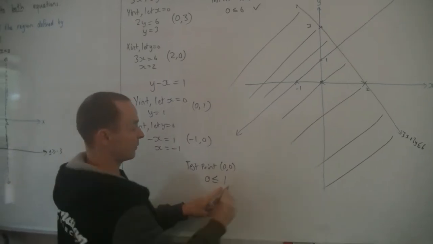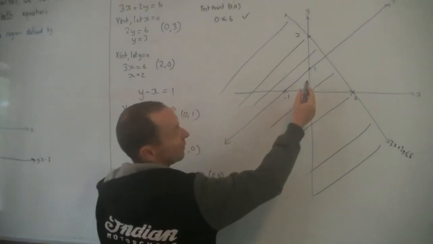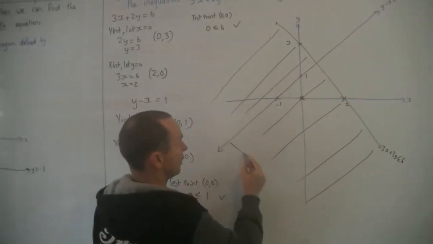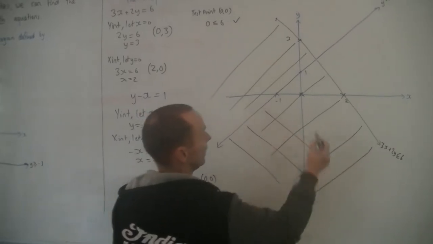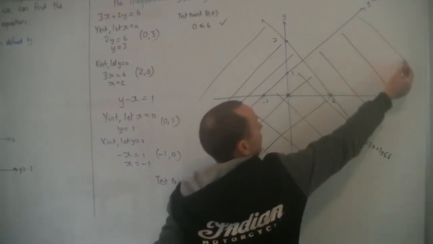Yes, 0 is less than 1, so that is true as well. So this point here, (0, 0), is in the region required. So I'm going to shade that whole section in. So that's the region required.